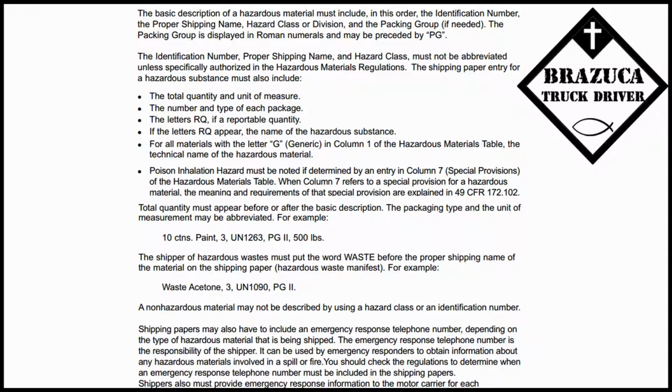The shipping paper entry for a hazardous substance must also include the total quantity and unit of measure, the number and type of each package, and the letters RQ if reportable quantity. If the letters RQ appear in the name of the hazardous substance, they need not be repeated. For all materials with the letter G, generic, in column 1 of the hazardous materials table, the technical name for the hazardous material must be included.